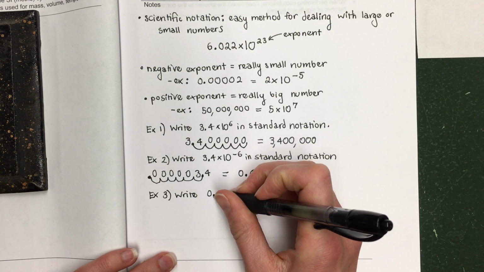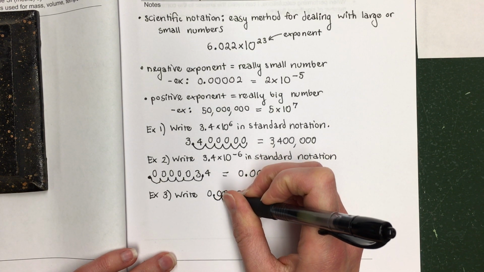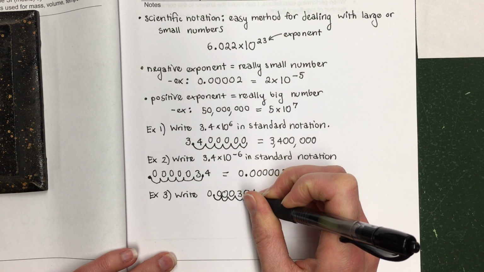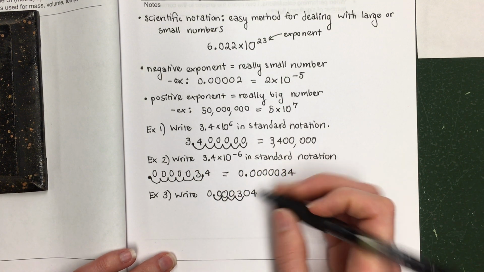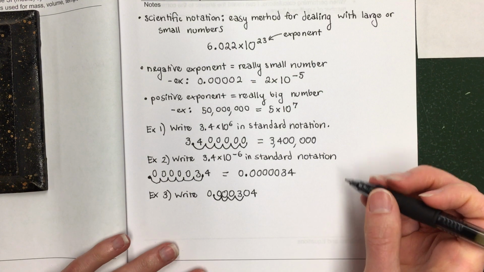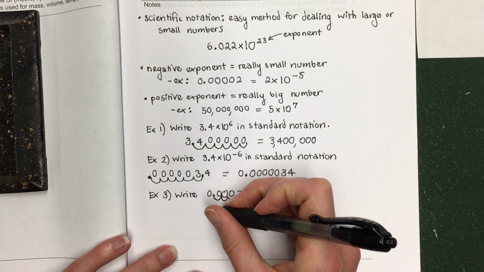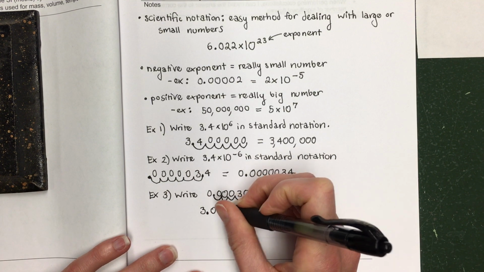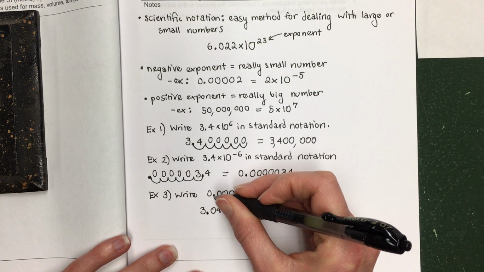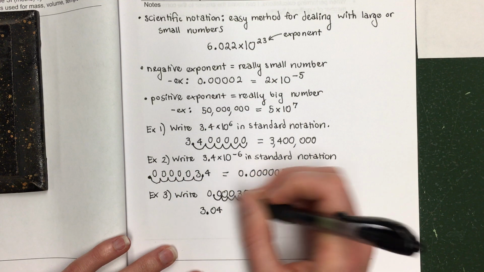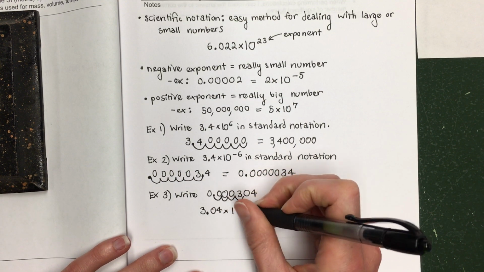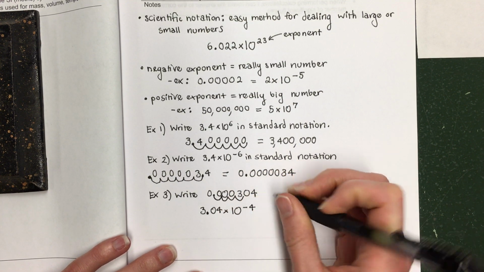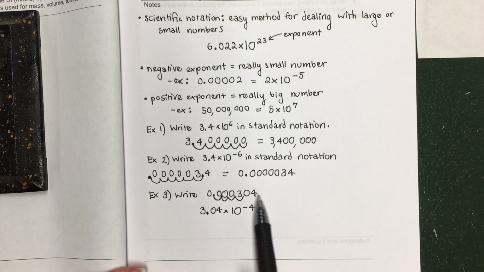So what I'm going to do is I'm going to move the decimal 1, 2, 3, 4. And I'm going to stop right there because I now have one non-zero number in front of the decimal point. So it would be 3.04. And since this was a small number to start with, it's going to be negative. Okay, just for me, it's easiest to just think if this is a small number, the exponent's going to be negative.